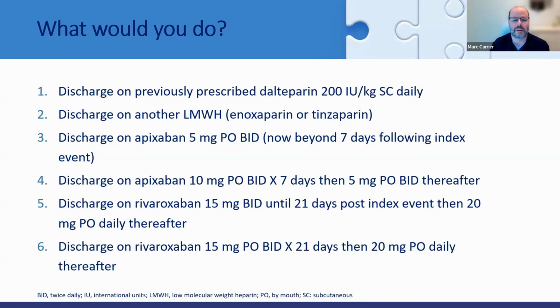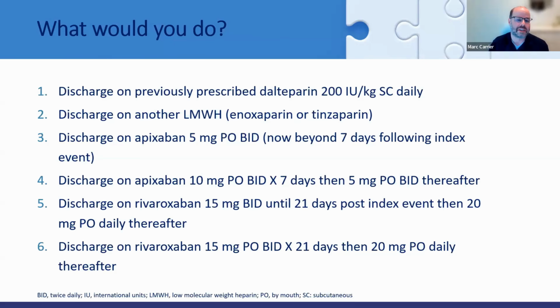But if you look at the folks online, it's a little bit split. A majority, 61%, would feel comfortable with apixaban 5 BID. But some people would feel more comfortable with continuing on with the dalteparin upon discharge, probably for a couple more weeks, and then see where things are at that point in time.